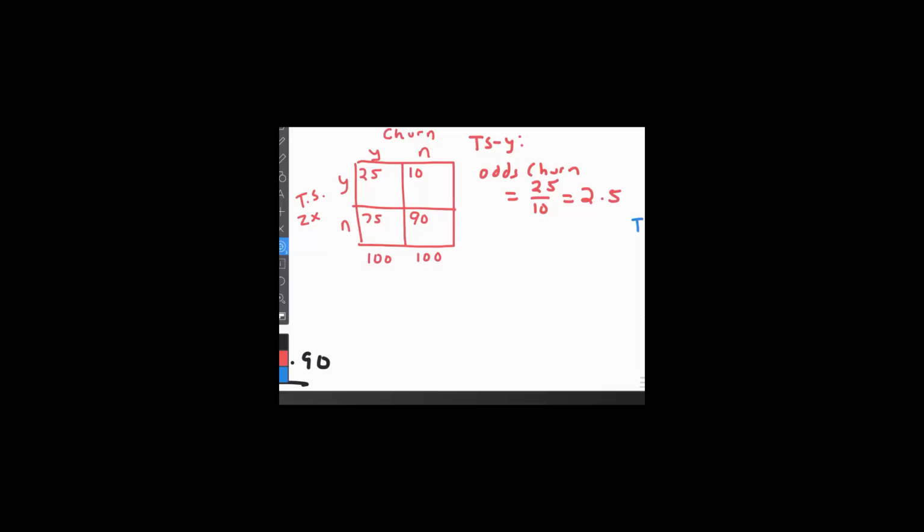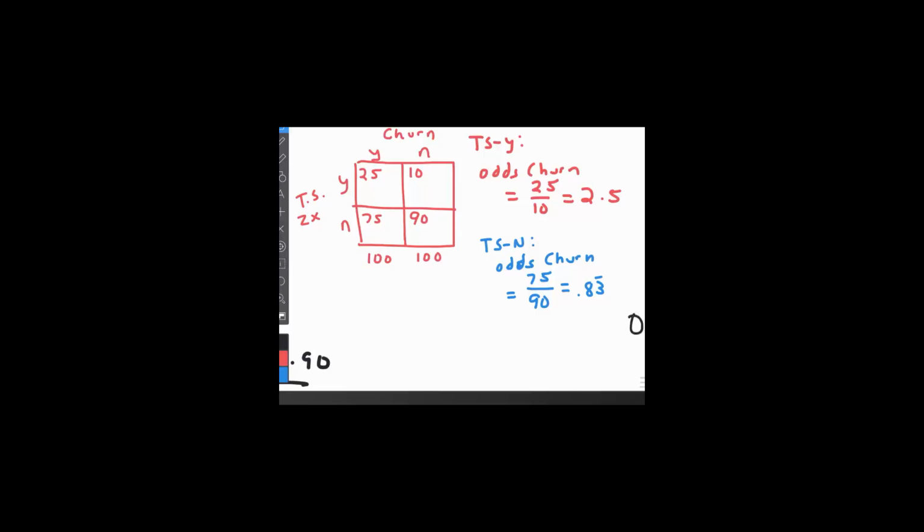And then we'll do the same thing. That's the odds within the people who had the technical service. And then among those who didn't, it's 75 to 90 or 0.83. Take a moment and pause if you have to and make sure that you understand where those numbers came from.